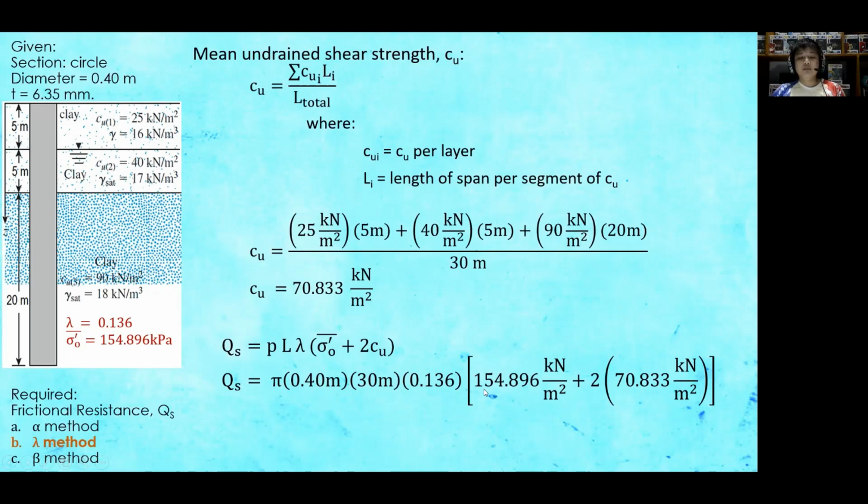Then multiply that to the quantity. We have now the value of our sigma O prime bar, that is 154.896 kilopascals, plus twice of CU, that is 70.833. So for our QS, QS is equal to 1,520.499 kilonewtons.